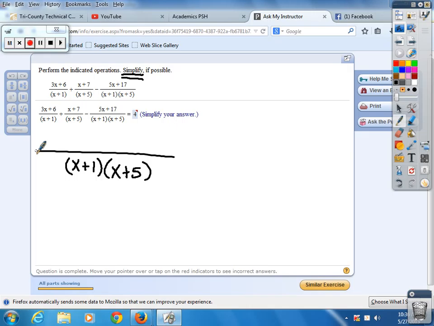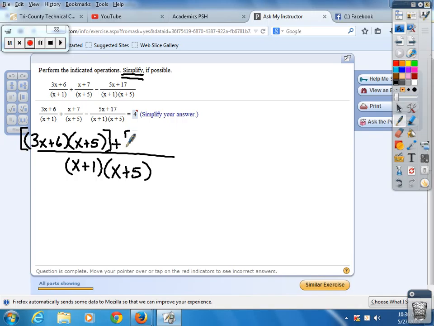What's missing here? X plus 5. So that'd be 3x plus 6 times x plus 5 plus, and I'm going to put that in brackets because that first set of brackets refers to this. And then what's missing here? X plus 1.